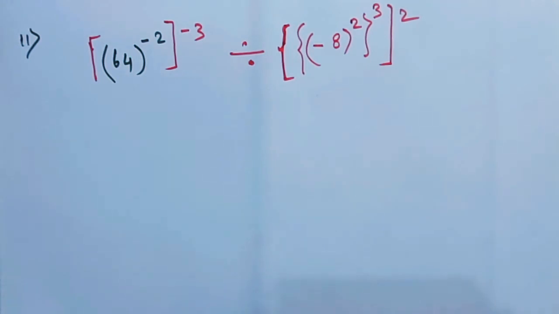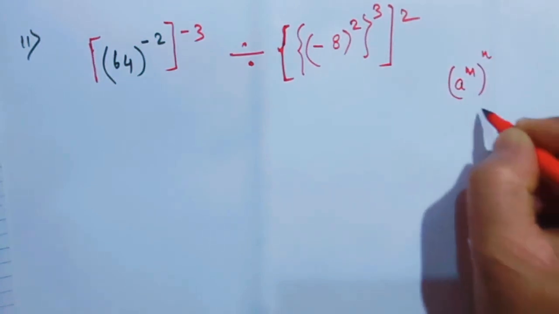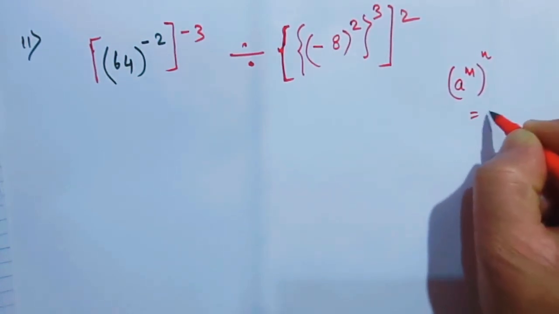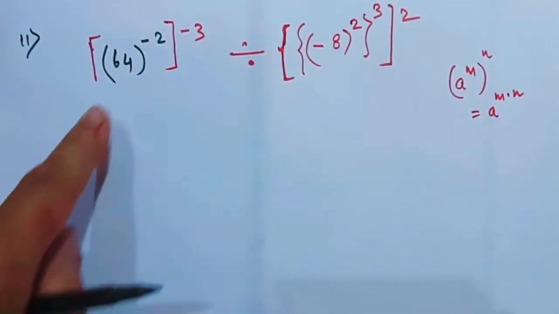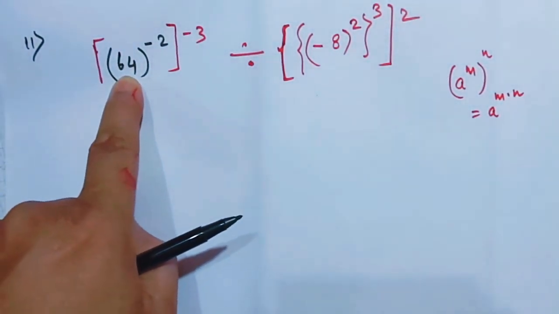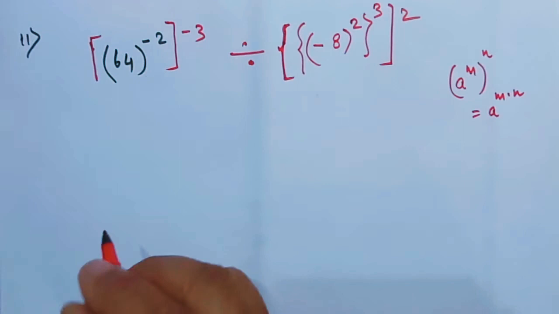That power over power are multiplied. Means a to the power m whole to the power n will get multiplied, is equal to a to the power m into n. This 64 is not in its prime number form. However, we shall deal with that later on.